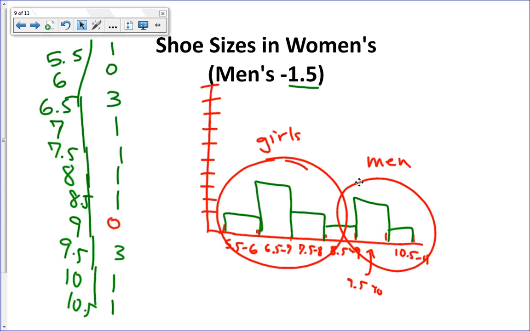Are there any outliers? No. Are there any gaps? No. Are you okay with size 6 shoe not being a gap? Even though there's a space doesn't mean there's a gap. Now if someone had size 3 shoes, I would say that there's a gap, or size 13s in women's would be a gap.